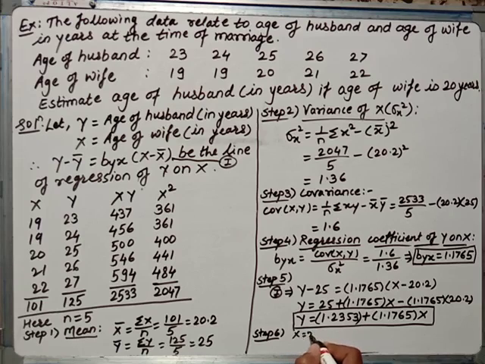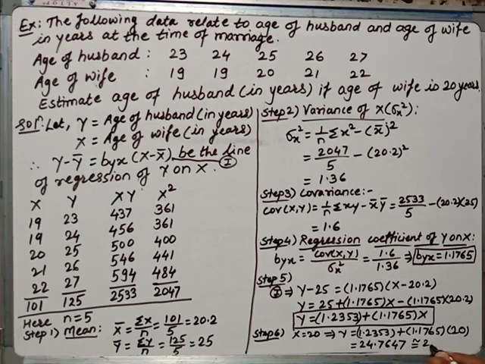So x equal to 20 gives y equal to 1.2353 plus 1.1765 into 20. After simplifying, we get 24.7647, which is approximately equal to 25 years. This is the answer here. Okay, so let's go for the next example.